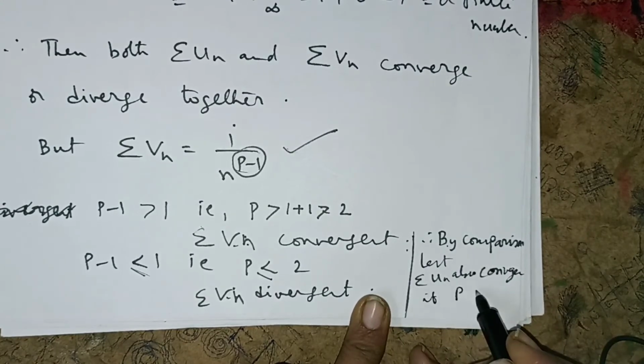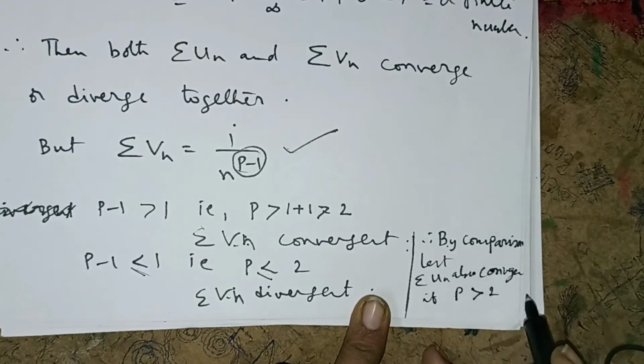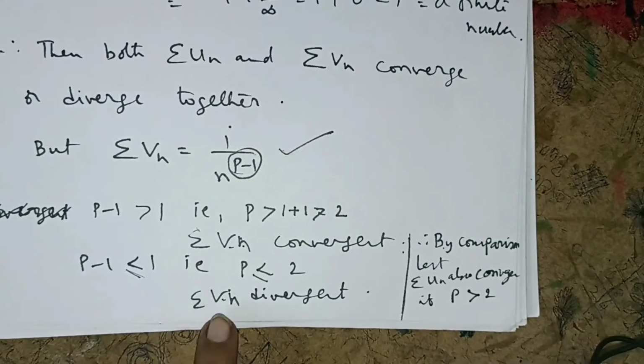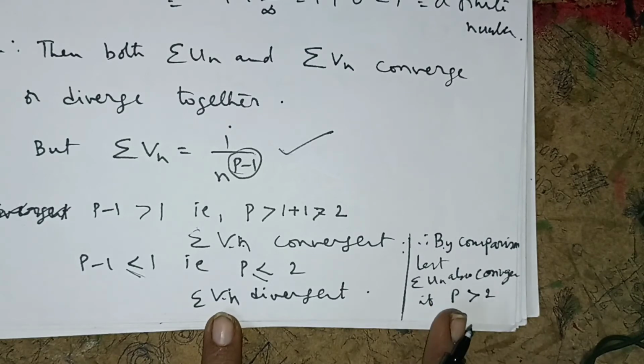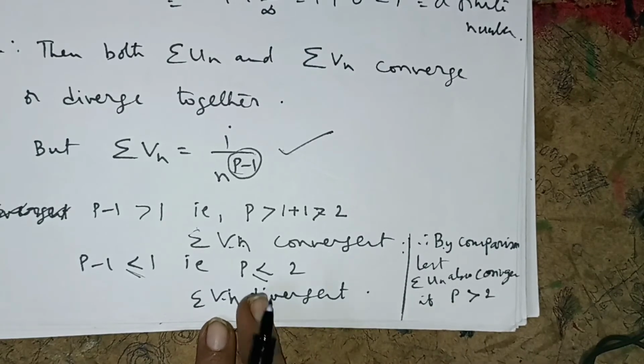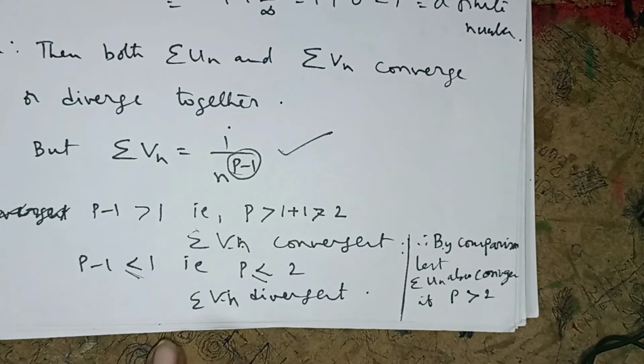Why is it called the comparison test? If she got 92 marks, another girl also tries to get 92 marks by comparing with her. That's why the name of the test is comparison test.